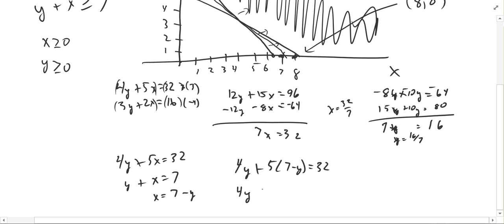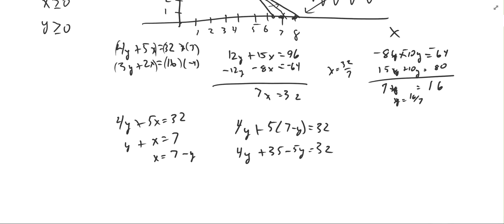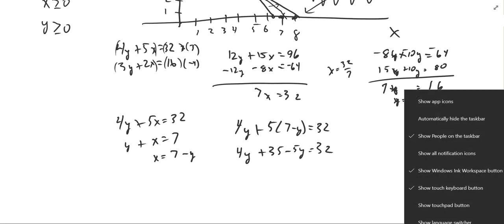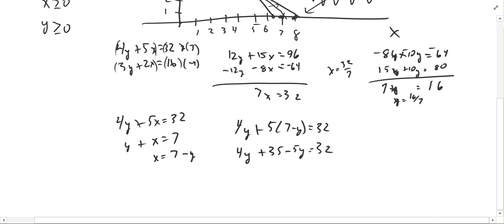And so 4y plus 35 minus 5y is equal to 32. And so I'll get 35 minus y is equal to 32. So minus y is equal to minus 3. So y equals 3. And then x is equal to 4.